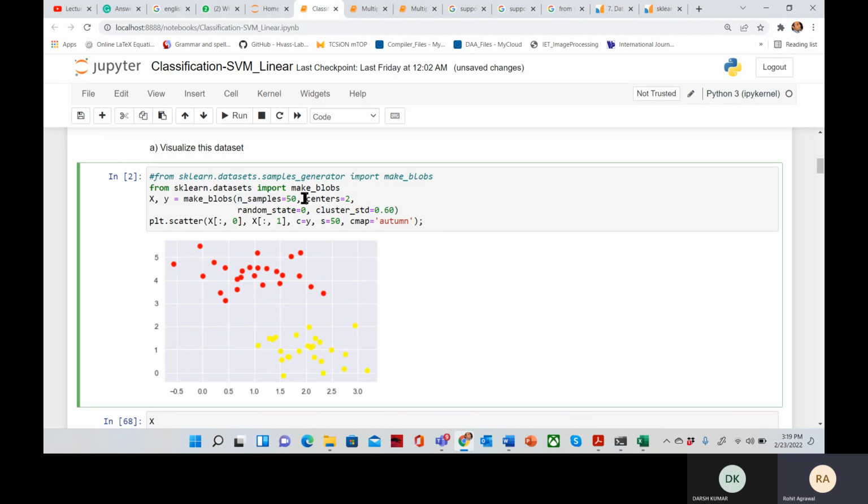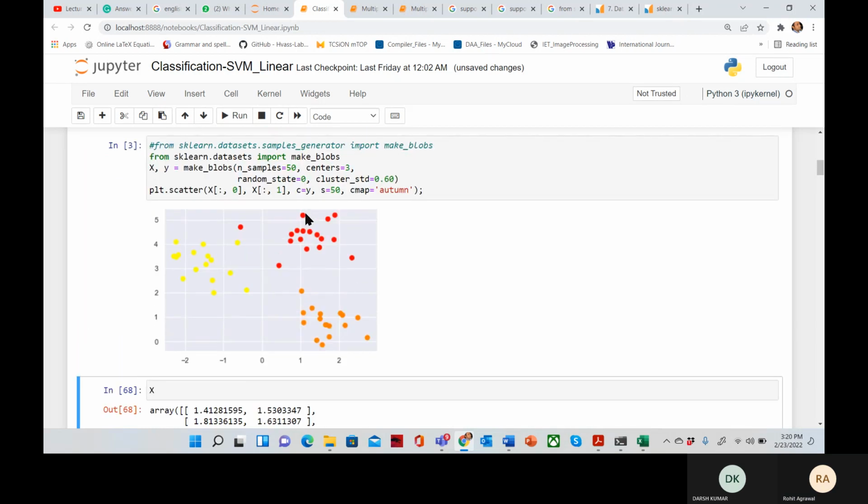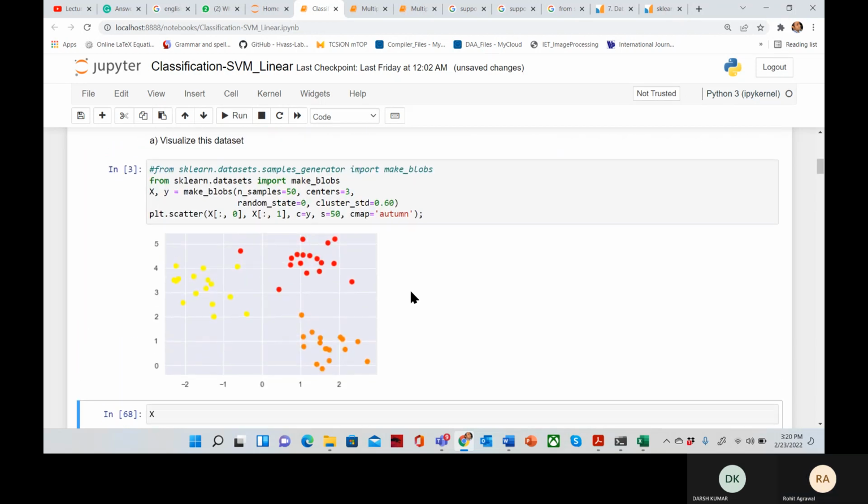Centers equal to 2 means we are assuming that there are two categories of data. One might fall in this category, and one might fall in this category. If I just change from 2 to 3, you can see. Now it is visible to you.